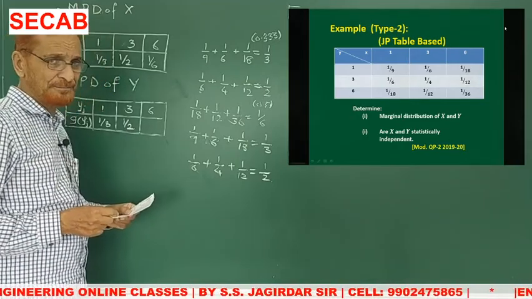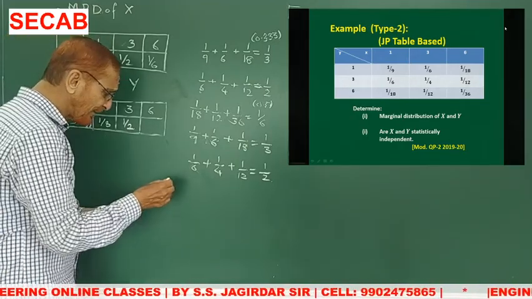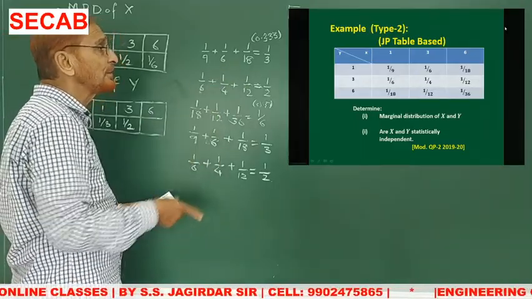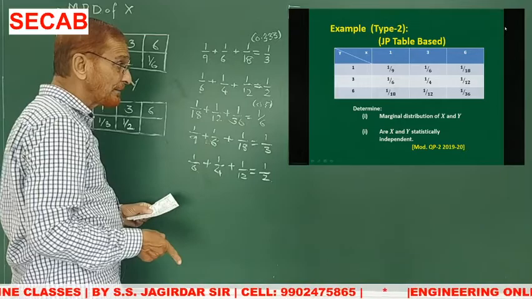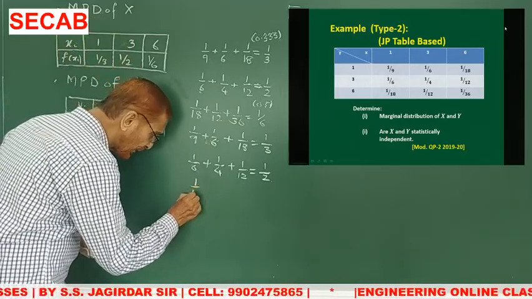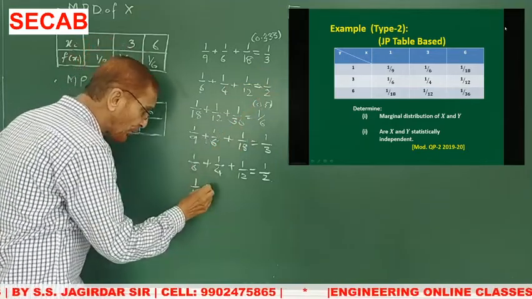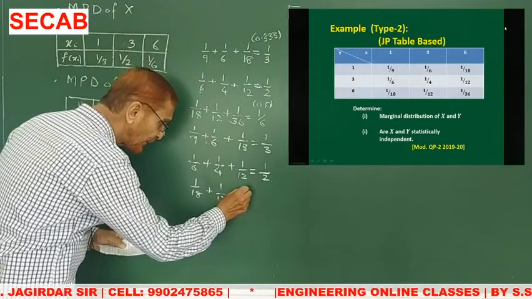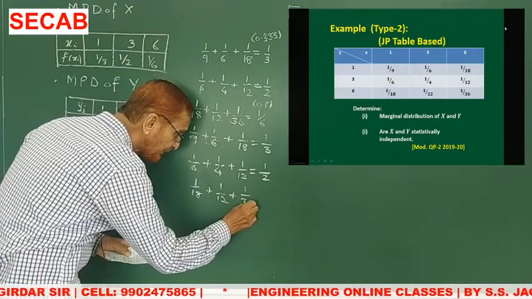And the last one is 6. When the y value is 6, what are the values along the column? They are 1 upon 18, 1 upon 12, plus 1 upon 12, plus the last value 1 upon 36.